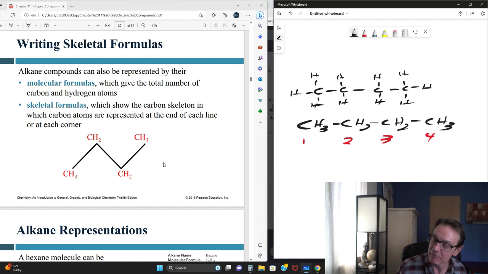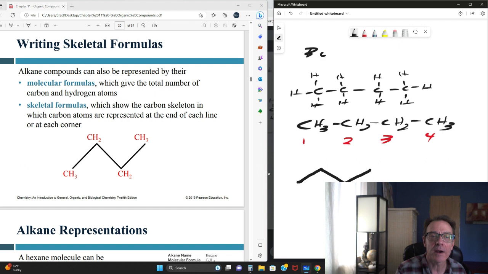So if you have, for instance, butane, we have 1 carbon up to the 2nd carbon, down to the 3rd carbon, up to the 4th carbon. If they aren't indicated, the hydrogen bonds to those carbons are a given. So this is a skeletal version of butane.